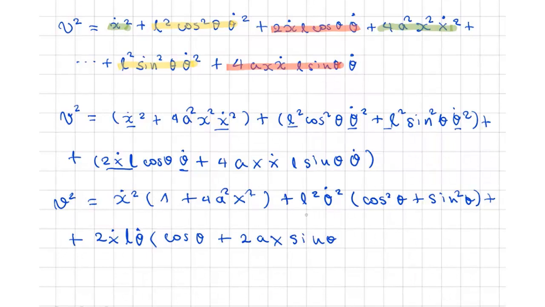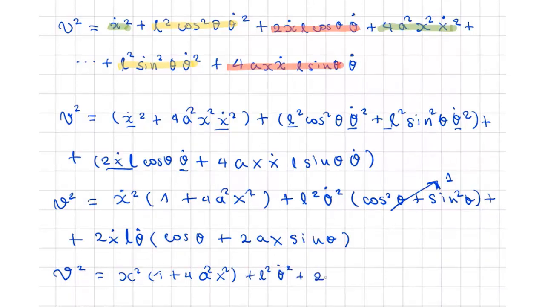Okay, guys, all right. Remember, this trigonometric property: cosine squared of theta plus sine squared of theta is equal to 1. So we get v squared is equal to x dot squared multiplying 1 plus 4a square x square plus L square theta dot square plus 2x dot L theta dot multiplying cosine of theta plus 2ax sine of theta.